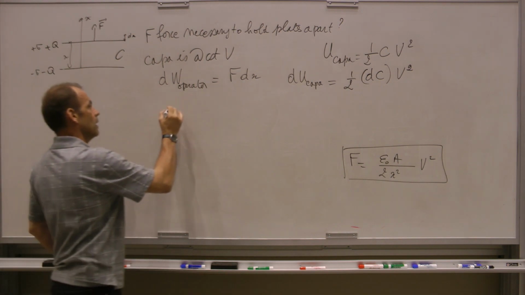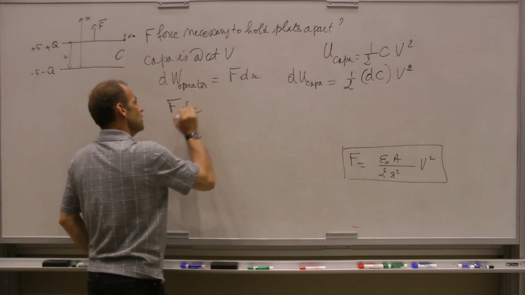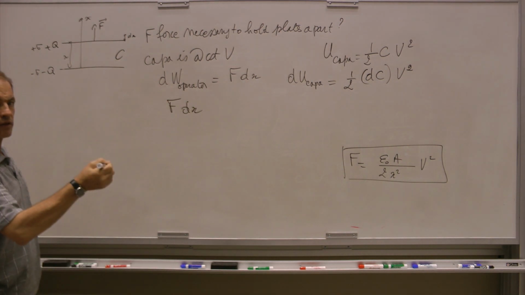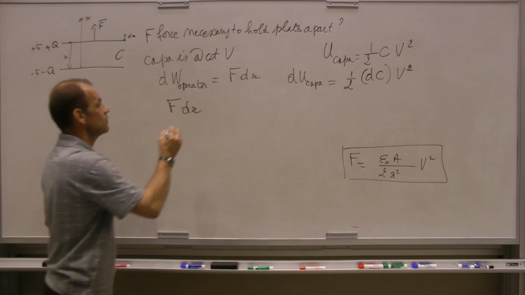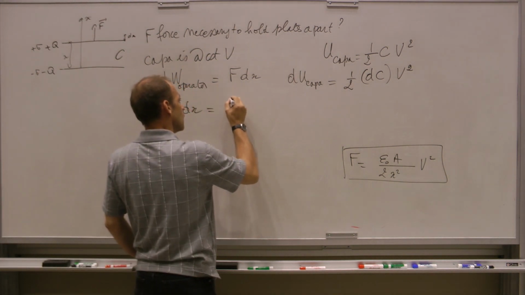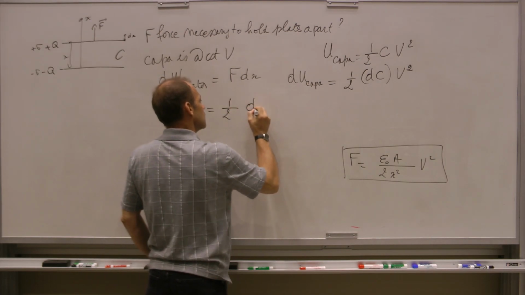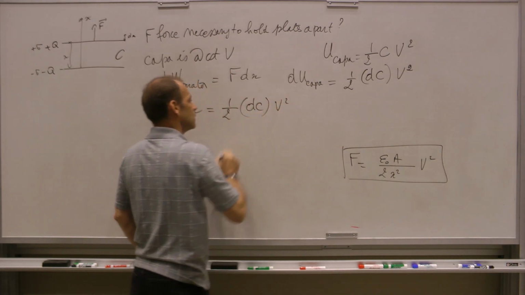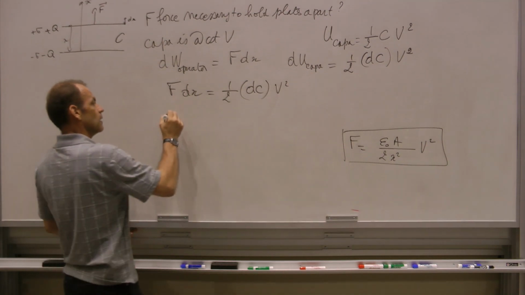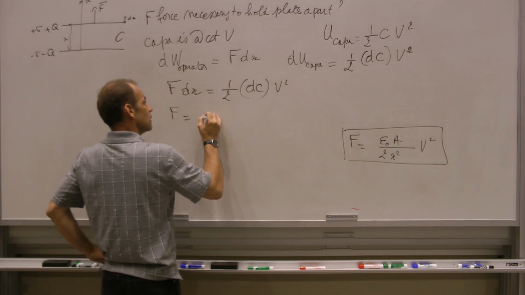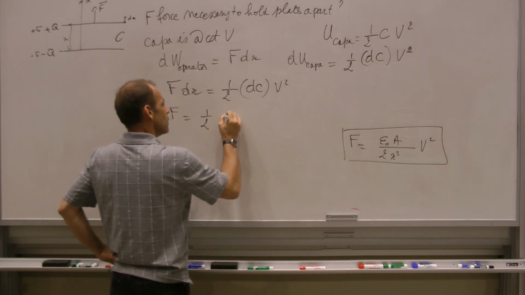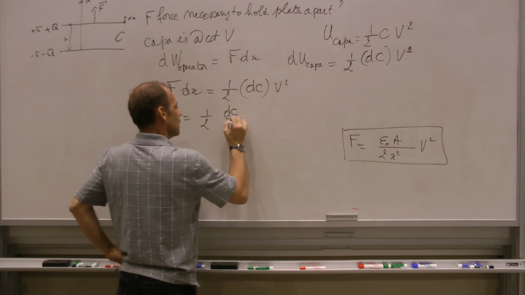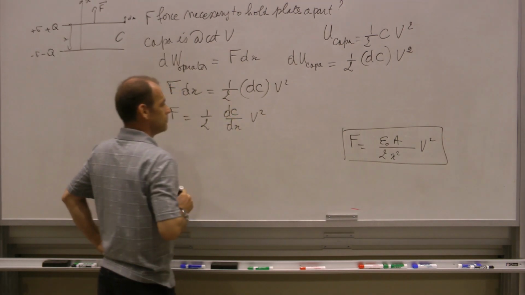F dx, the amount of work that the operator does on the capacitor, results in a change in the energy held by the capacitor of that amount, 1/2 dC V squared. Divide both sides by dx, which gives F equals 1/2 of dC over dx, V squared.